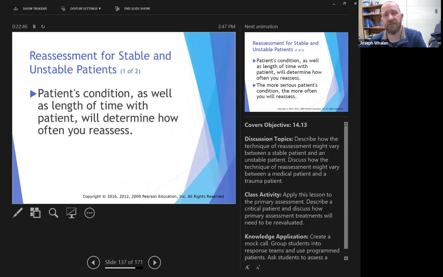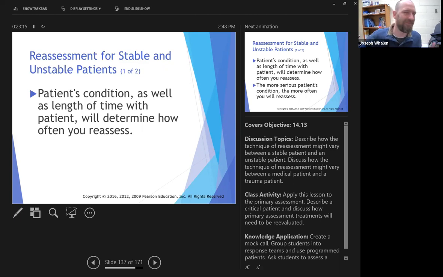All right, so for reassessment for stable and unstable patients, the patient's condition and how long you have with them will be large factors in how often we can reassess. If your patient lives 5 minutes from the hospital, you probably won't be able to, because you load them up in the ambulance, and before you know it, you're unloading them at the hospital.